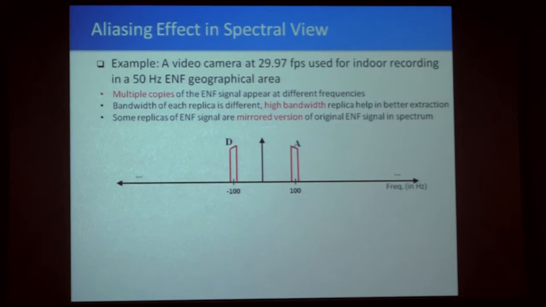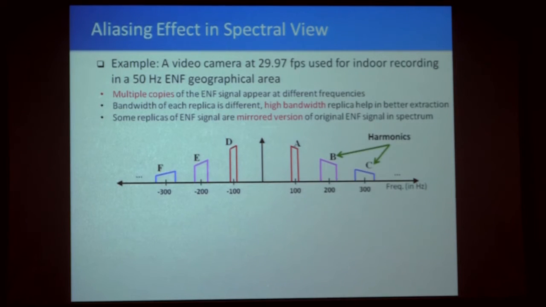The sampling rate in the analog domain for NTSC is 29.97 frames per second on average. And in PAL, in Europe and China, they have 24.97 frames per second, so roughly it's 25, but slightly below. At this frame rate, we are trying to sense a nominal frequency of 50 hertz when we do this experiment in Asia. So we have significant aliasing.